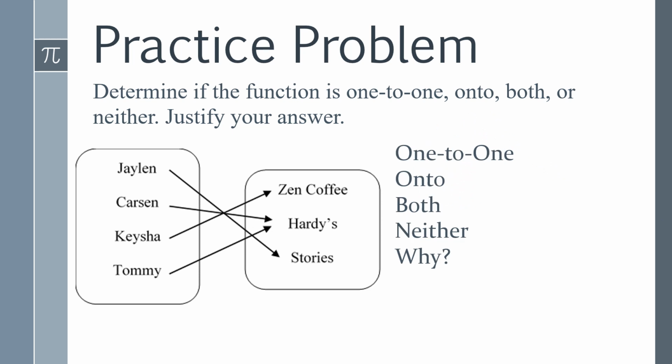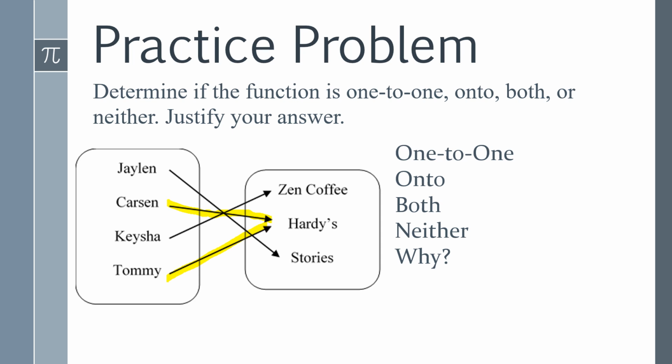Okay, go to work. Okay, we can see here that we're going to end up with two values from the domain that end up on the same value in the range.